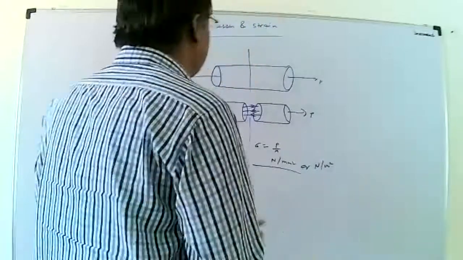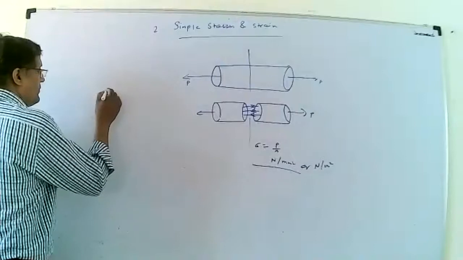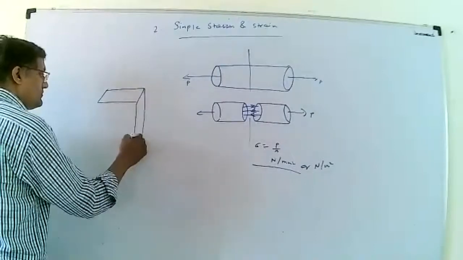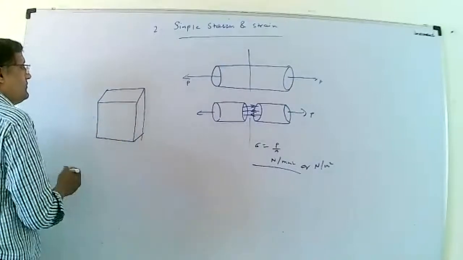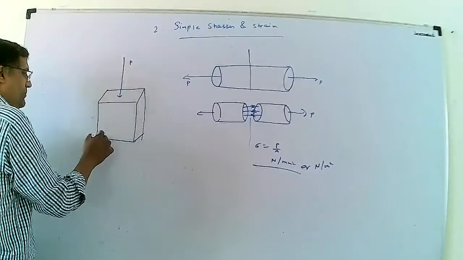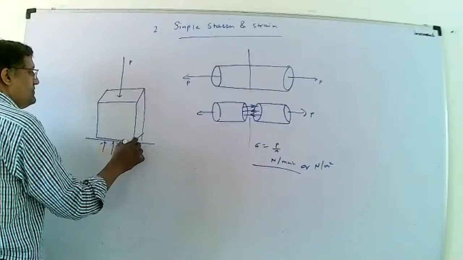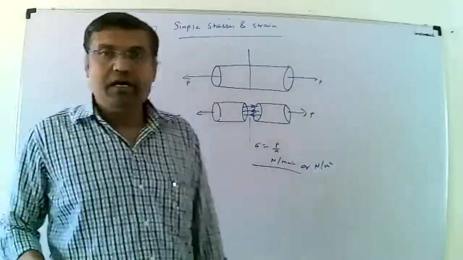For example, suppose this is a column. Then a load will act, and in the opposite direction the stress will generate.